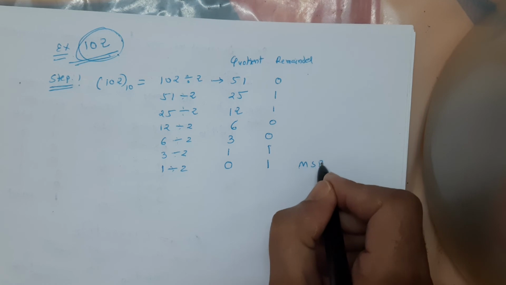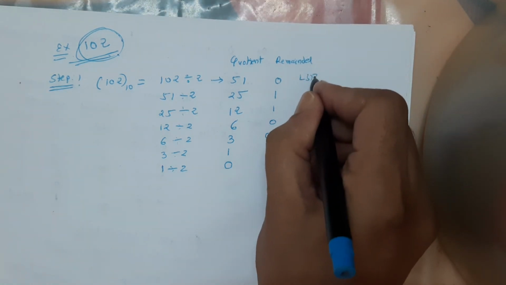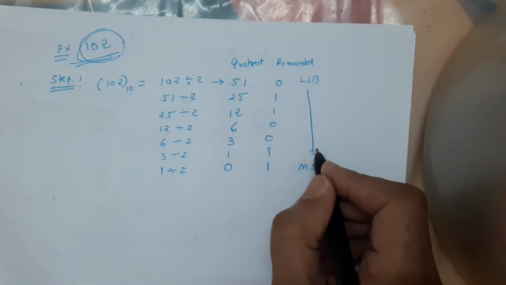This is your MSB, and this is your LSB. So numbers start from LSB to MSB.